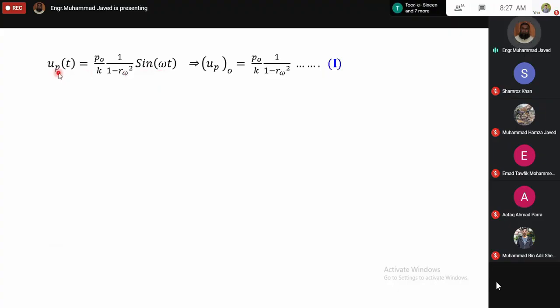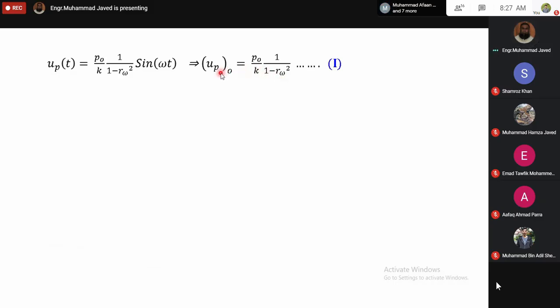Our peak value of this will be 1 when sine omega t is 1. Therefore, peak amplitude of steady state vibration is P naught by k into 1 by 1 minus r omega square.